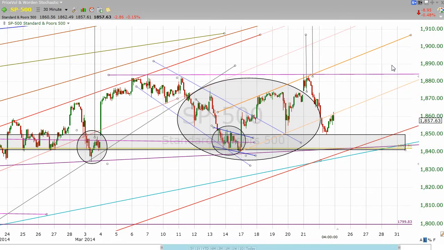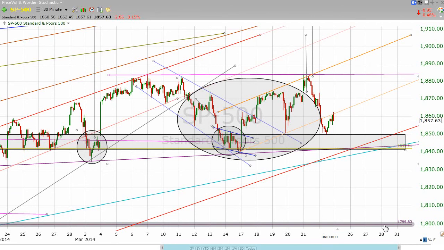As it sits now, if we look at just this portion of the chart, the case could be made that it is critical for 1840, 1850 to hold, because if it were to break, then we would be looking at some form of a topping pattern here that would project a downward target.